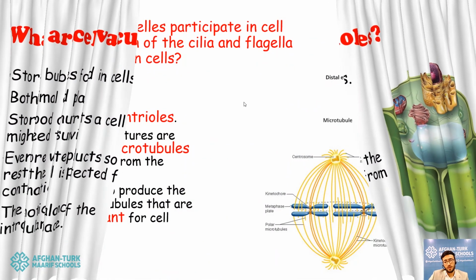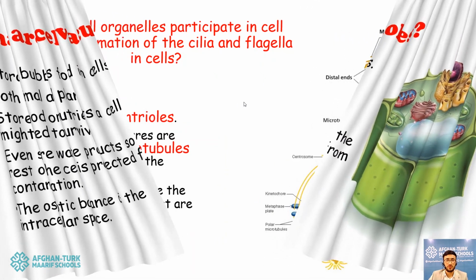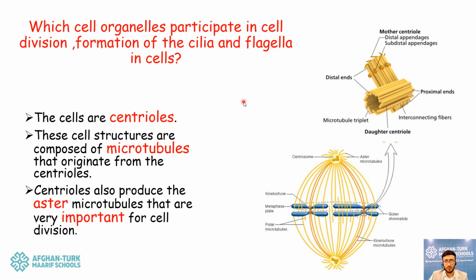About another important organelle of the cell that you should know, they are called centrioles. The question arises like this: which cell organelle participates in cell division and also in the formation of cilia and flagella? As you see in this picture, this is during cell division, when chromatin is condensed into chromosome structures.